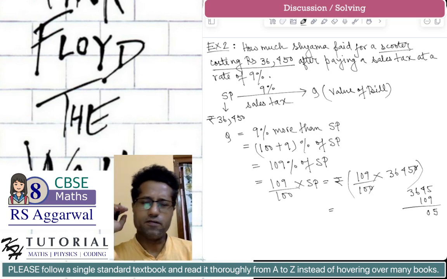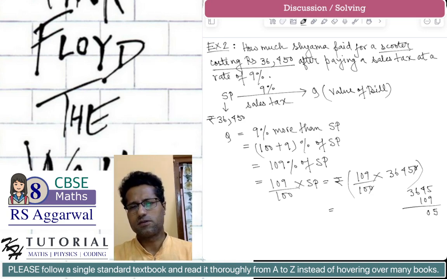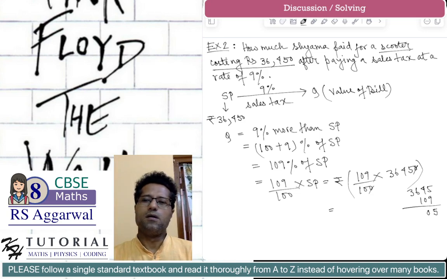Let me quickly check if I am solving the problem correctly or not, because usually these kind of lengthy calculations are not given in the problem. So how much Shama paid for a scooter costing rupees 36,450 after paying a sales tax at a rate of 9%.